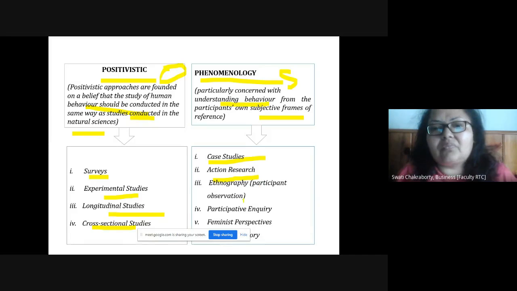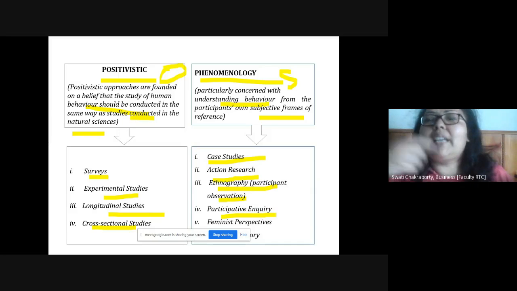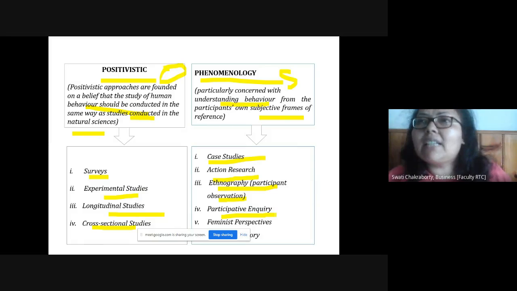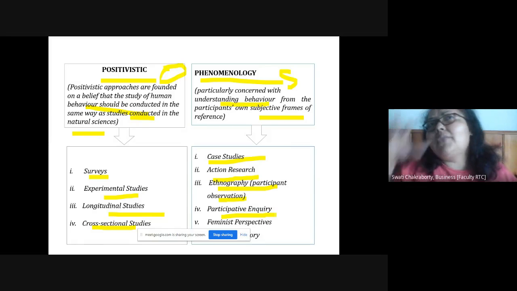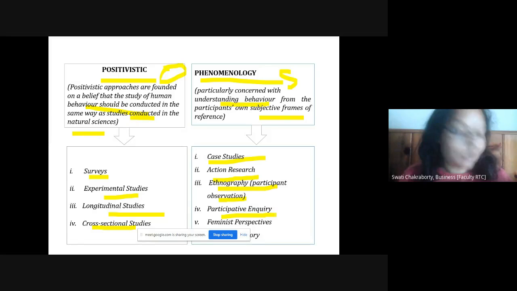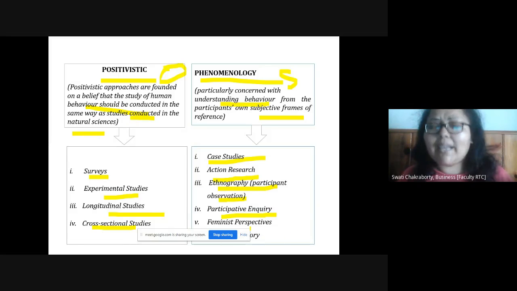Action. Ethnography is participant observation, when you observe the behavior of the participants and, through your observation power, you tell something, right? Participative inquiry, when you are actually involved in that process, you start inquiring into anything that has happened. You're not sitting idle, looking at someone else's data. You are actively involved in the field, talking about it, going and inquiring into it, first hand information.